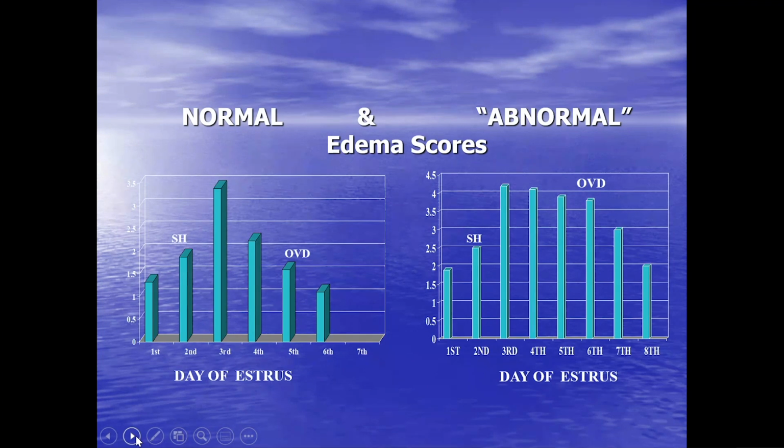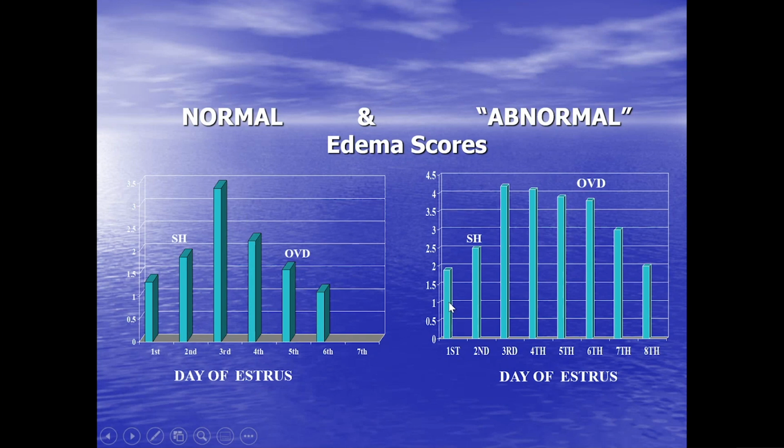And here's data from the papers of Sampa graphically illustrated. SH is just standing heat, and OVD is ovulated. Here would be the normal pattern over 4 or 5 days of follicular phase. Edema increases to a peak. This is when you should be giving your ovulation induction agent. Then in the 36 to 48 hours prior to ovulation, it decreases back down again.